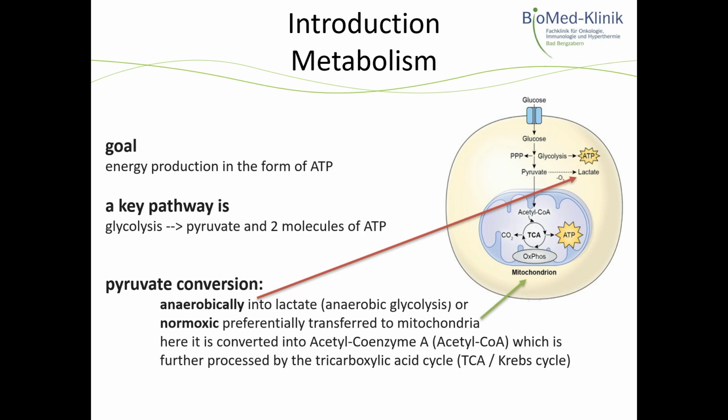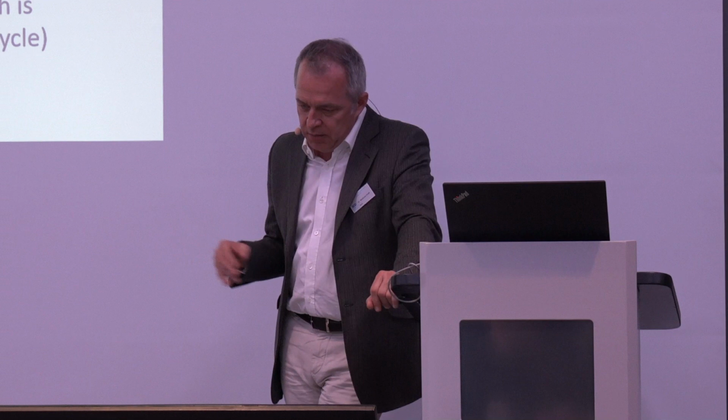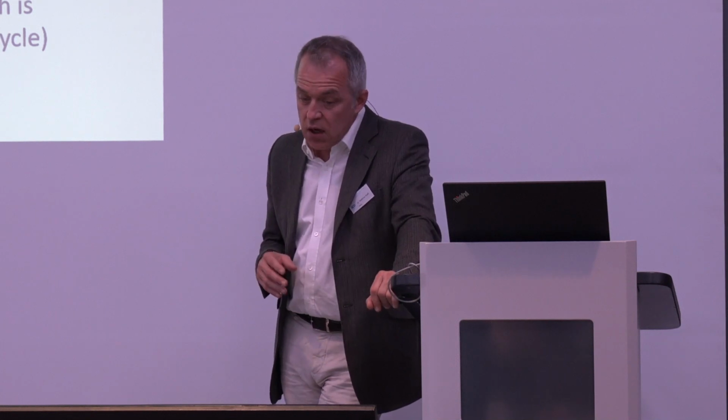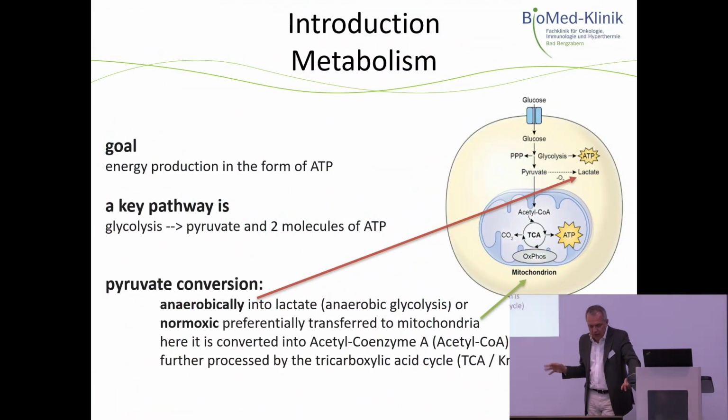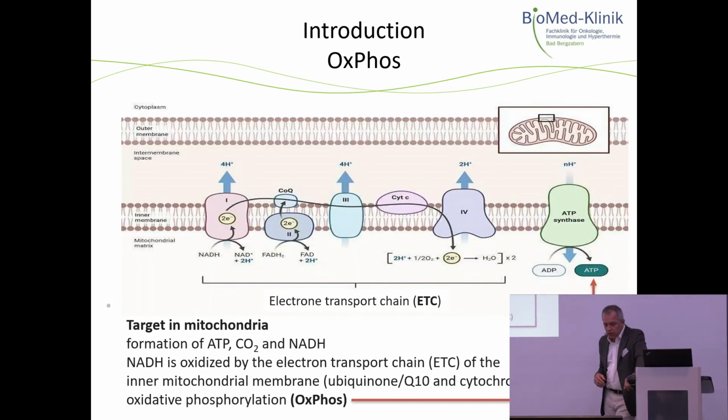A key pathway is glycolysis, in which pyruvate is converted to ATP. Anaerobically it goes into lactate, and normoxically into acetyl-CoA, which fuels the Krebs cycle, which is also done for fatty acids. OXPHOS, you all know that, biochemically takes place in the mitochondria, in a membrane, which needs NADH, FADH, cytochrome C, and this is the main target of a normal cell, to get fuel, to get energy.